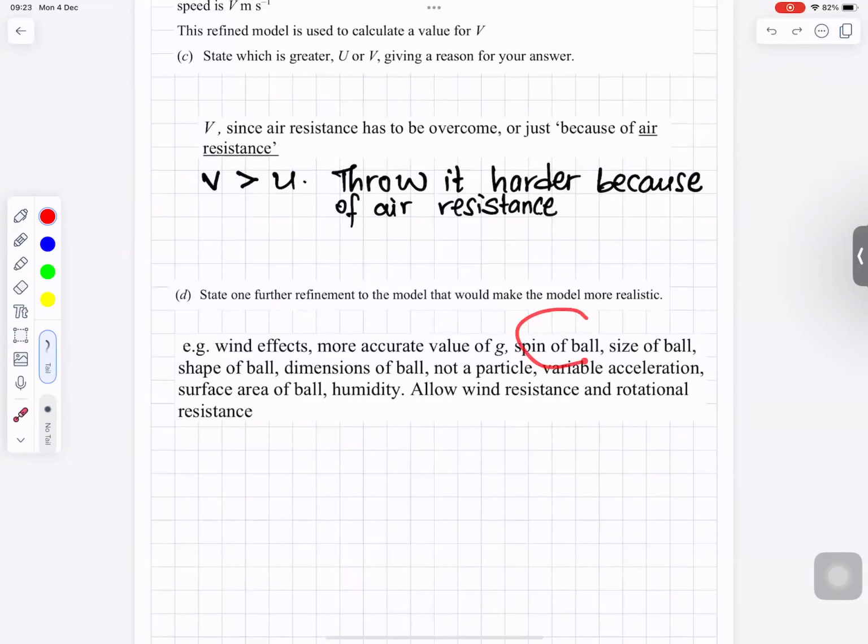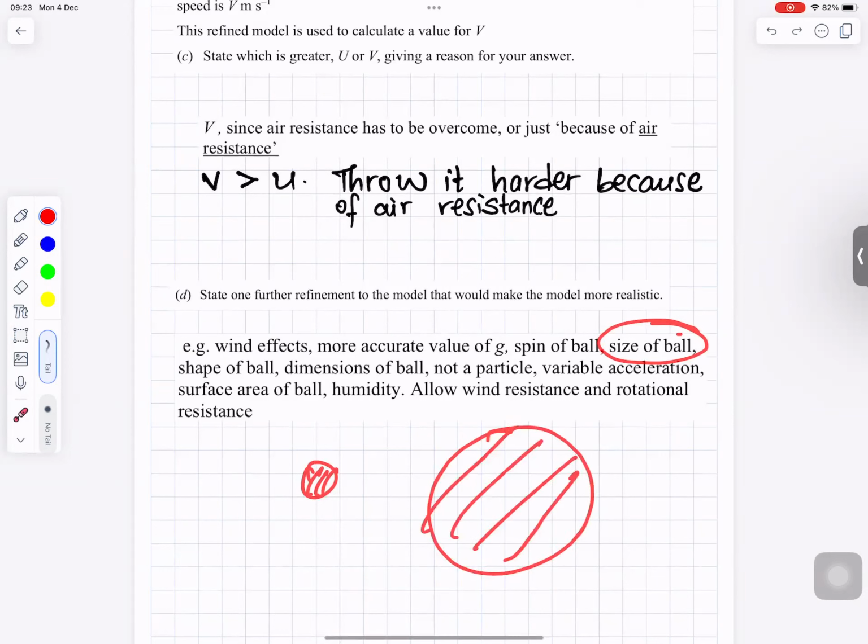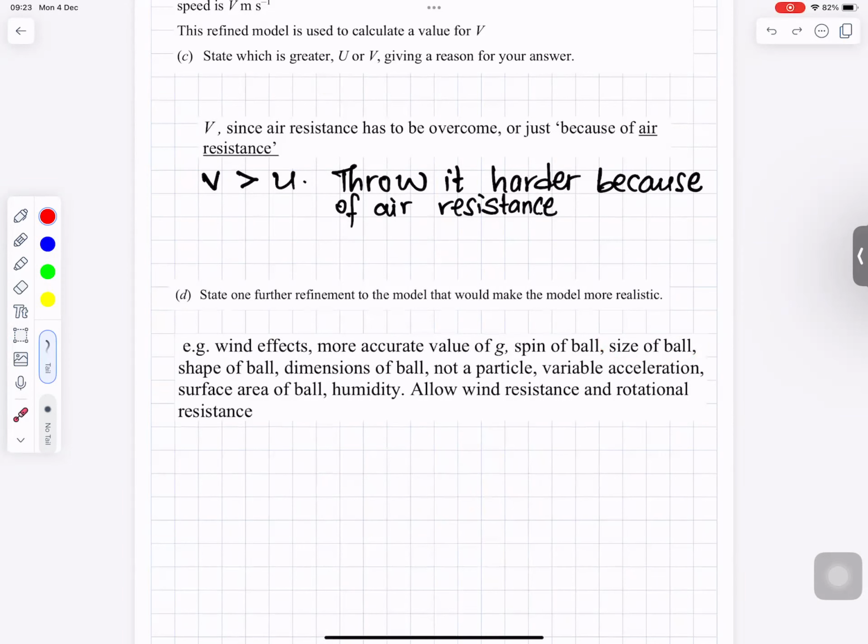Another reason, the ball could be spinning, like when you play cricket, they spin the ball. It affects it. The size of the ball, a small ball or a bigger one, would affect it. The shape of the ball, a football or a rugby ball, is different shapes. The dimensions of the ball.